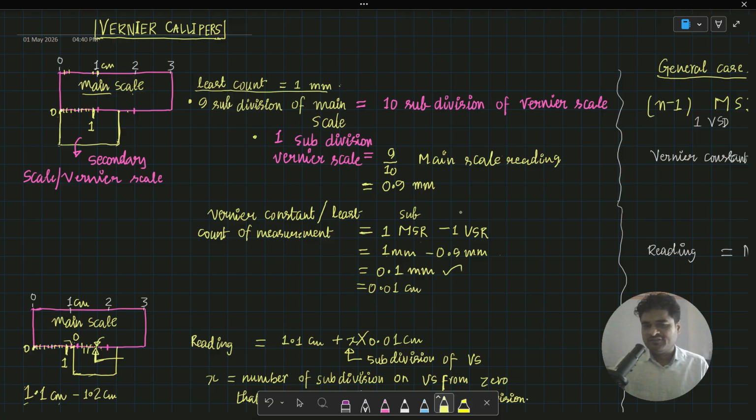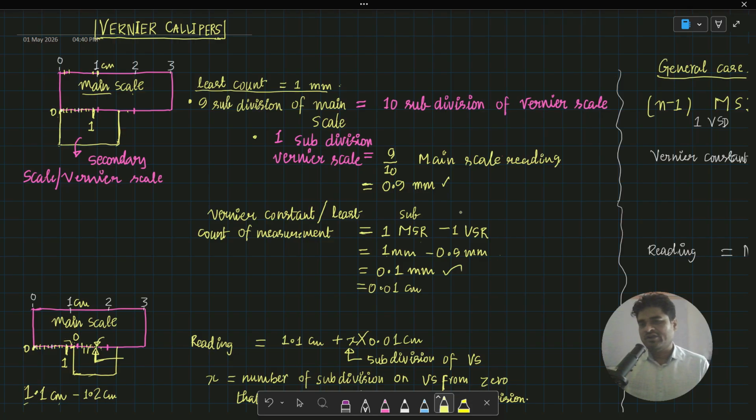So this suggests that 1 subdivision of the Vernier scale can now measure 0.9 millimeter if we use it standalone, but we are not using it standalone; we are using the main scale and Vernier scale together.